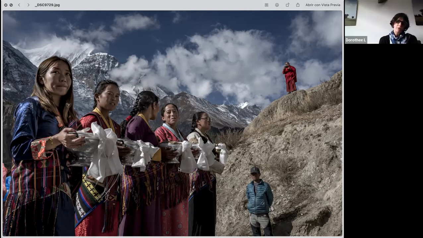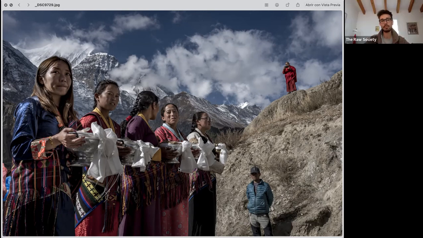Okay. And why do they look so wary, these women? Like they are not comfortable. Because this was an inauguration of a temple in the Himalayas, and they were very punctual, and everyone else was quite late, so they were there for a long time, and they were like, oh fuck, let's go, come on, let's open the thing.